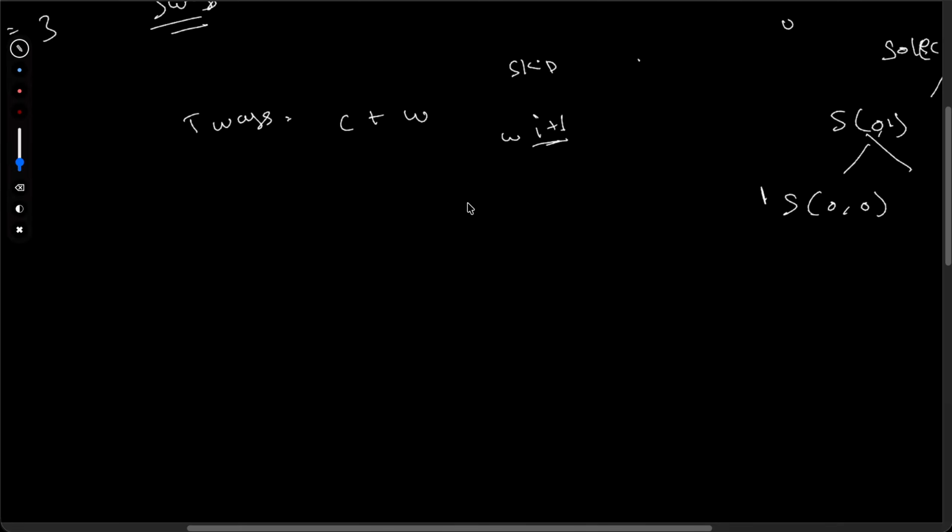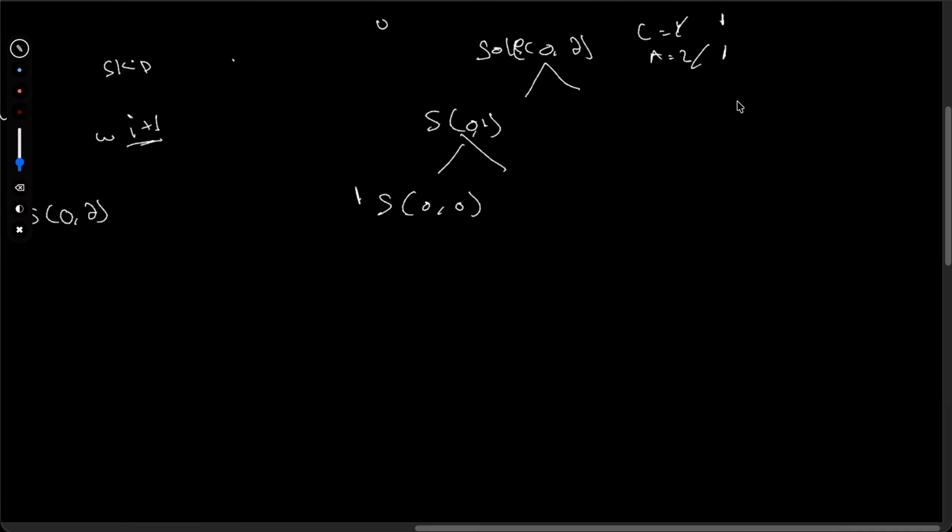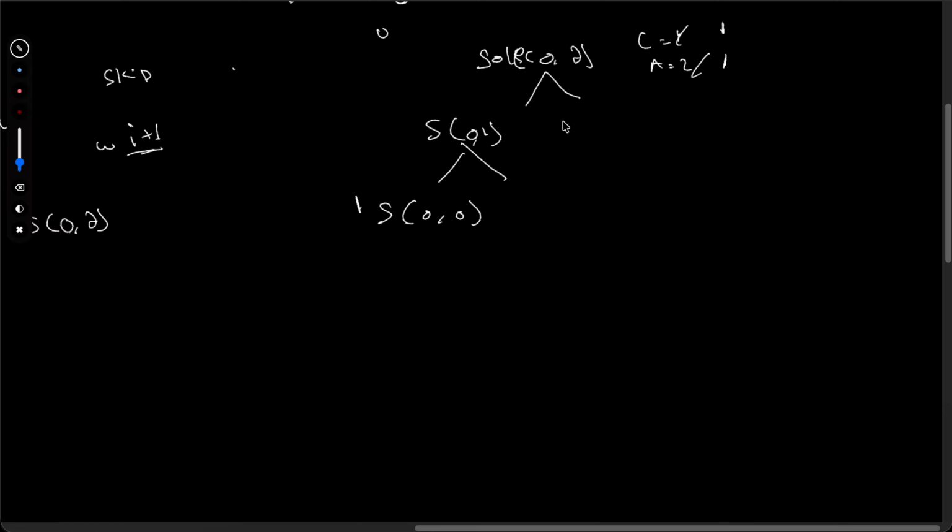Okay, see, solve of 0 comma 2: we skip, we move to i is equal to 1, coin is 2, so the new case becomes solve of 1 comma 2.